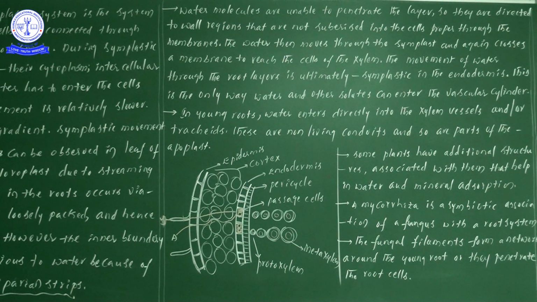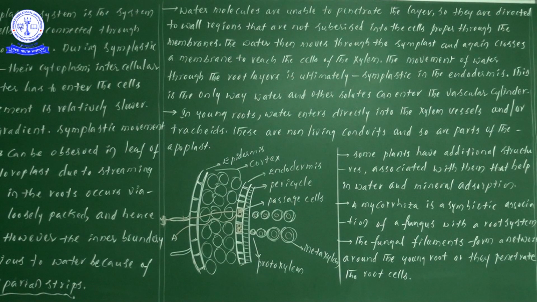The point I am going to give you is where we can see the presence of passage cells: the passage cells which are present exactly opposite or exactly near to the protoxylem. Wherever we observe protoxylem, right next to it in the endodermis we can notice the presence of passage cells.